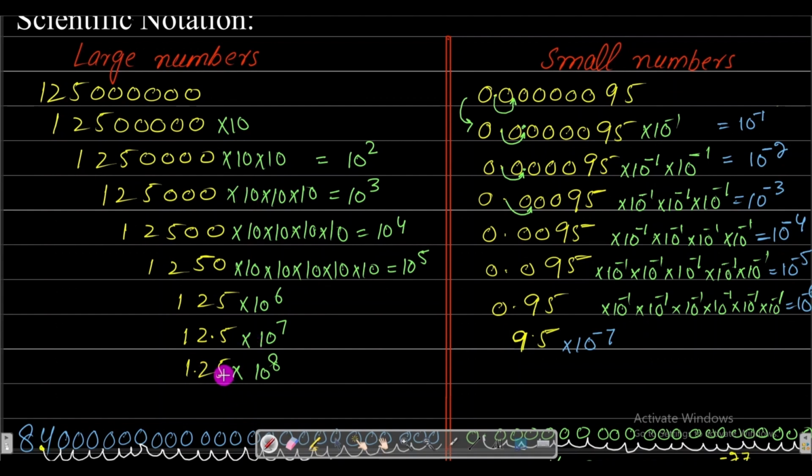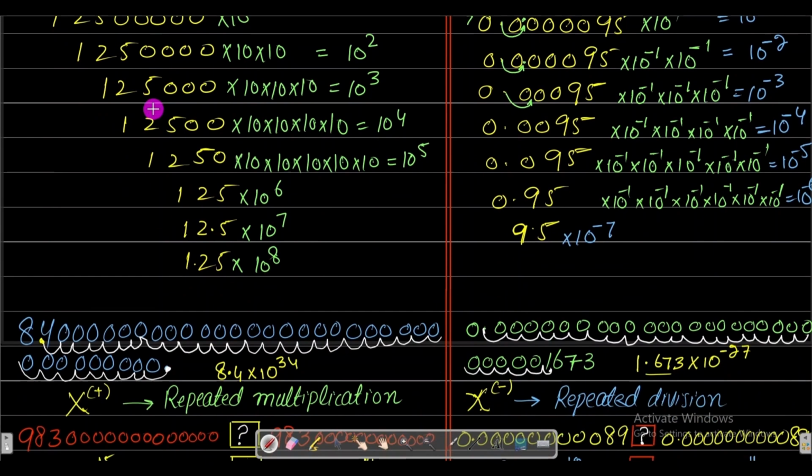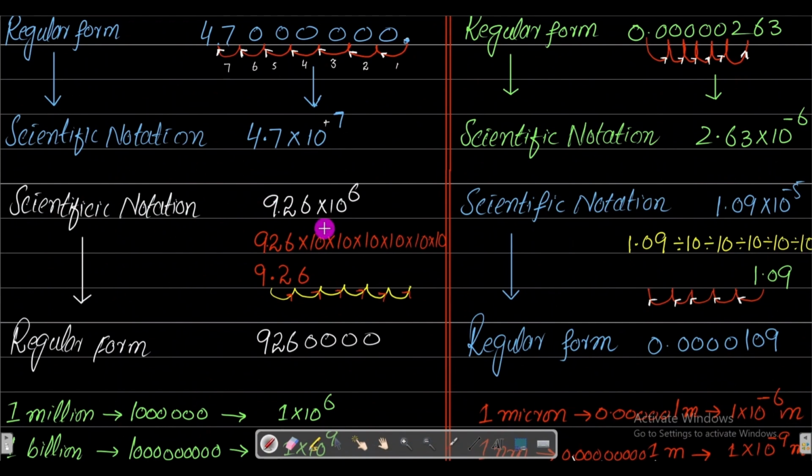So if we convert this to this form, we will multiply here 10 with 8 times, and then we will convert this number to this number. So the same scenario is present here.